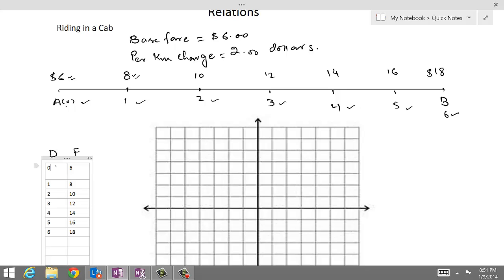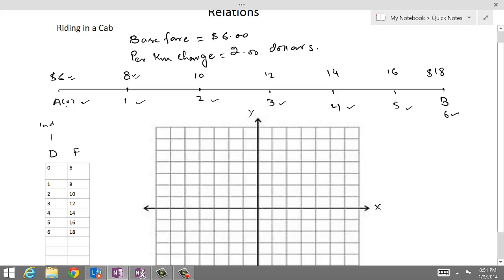This identification is very important because the independent variable is always going to be plotted along the x-axis, and the dependent variable is always going to be plotted along the y-axis. So here this is our x-axis and this is our y-axis.